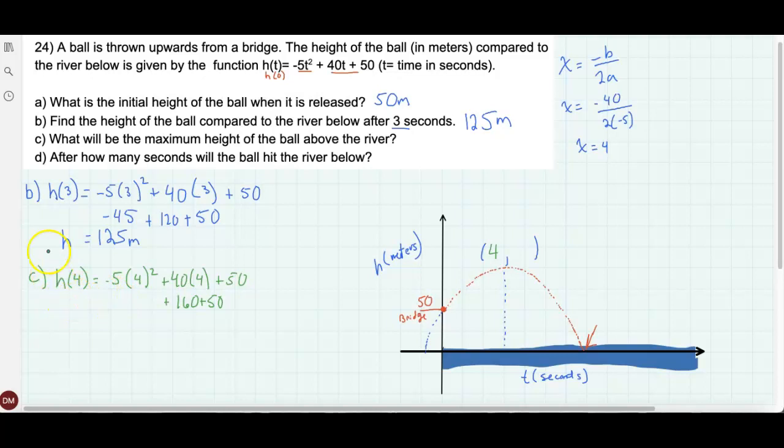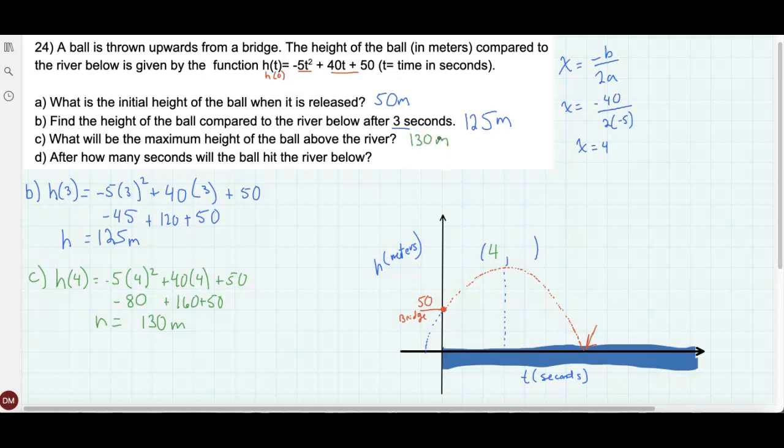When we combine all of that together, it comes to 130. So it only went 5 more meters in the last second. So the maximum height would be 130 meters.